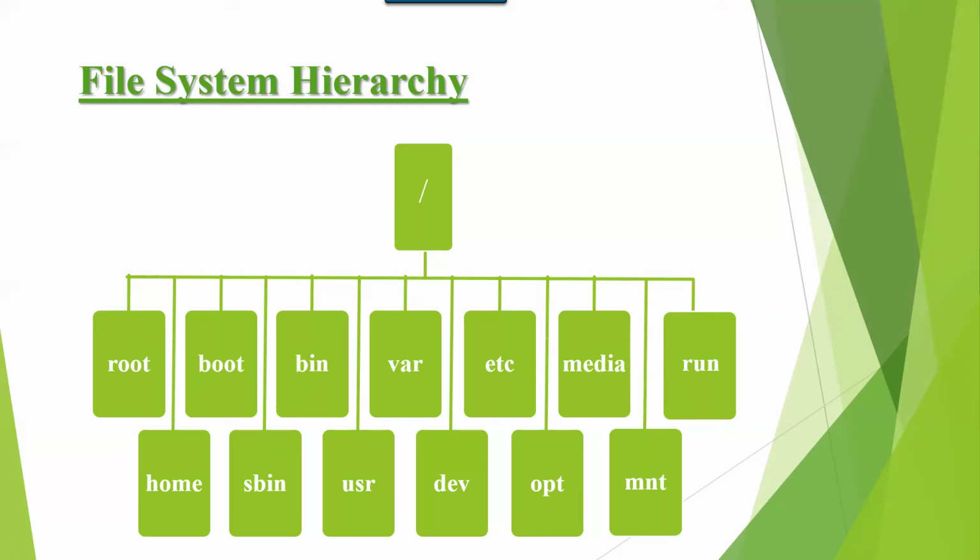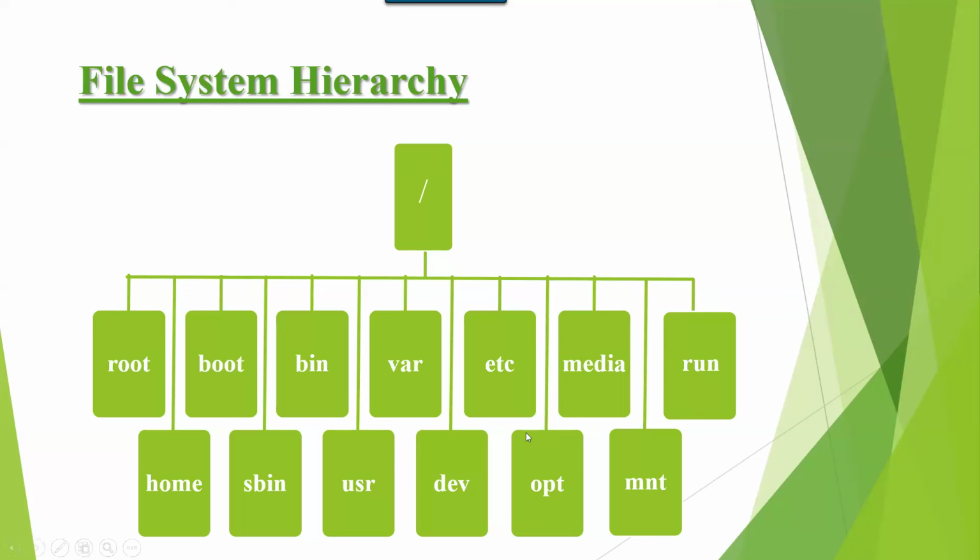ETC contains configuration files. System configuration files are stored under ETC. OPT contains optional applications, applications which we install manually. They are not compulsory to install. If we want, we install some software, right? That type of software is stored under OPT. Media contains external devices information.